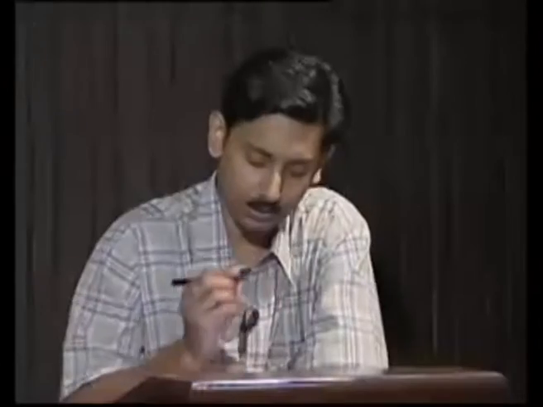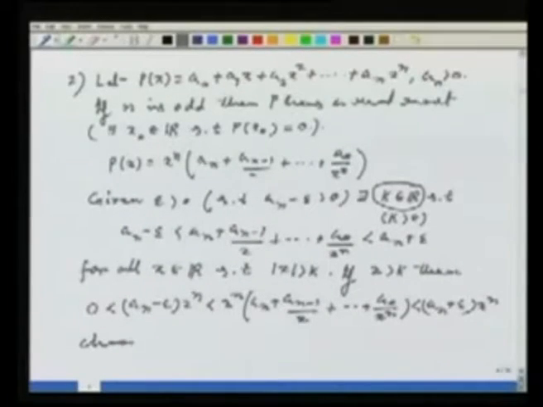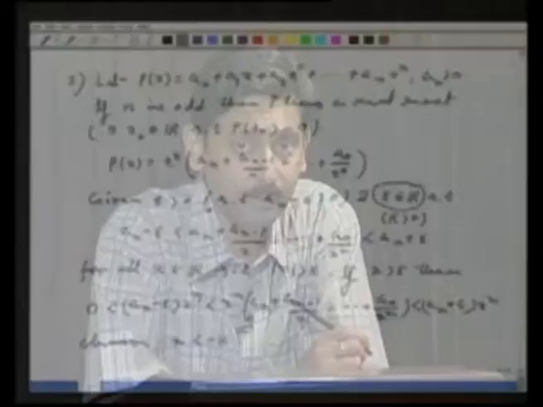Now what I can do is, suppose I choose x less than minus k. That means now I am choosing my x to be negative. Notice that since I have taken my n to be odd, x to the power n is also negative if x is negative. So what does this imply?